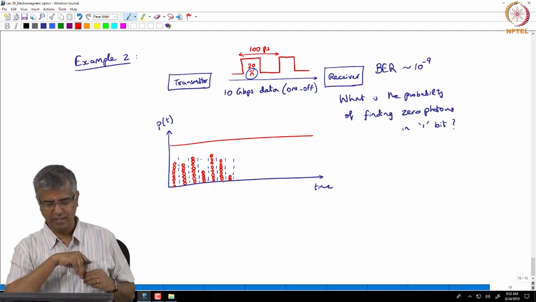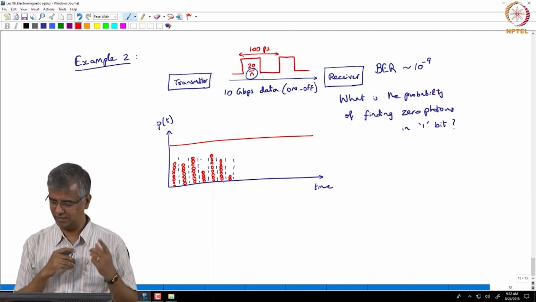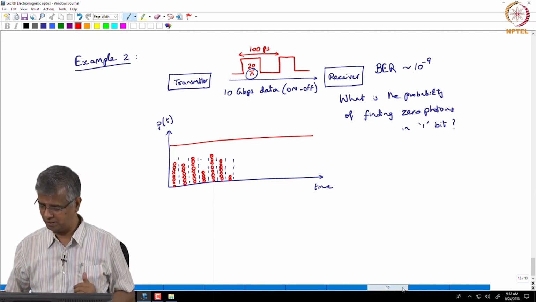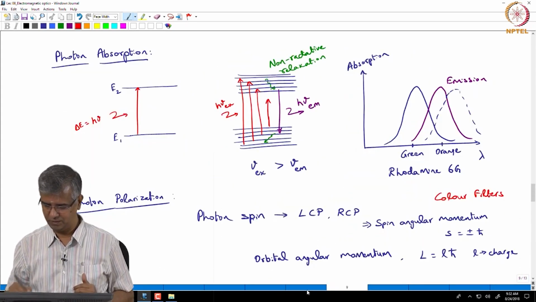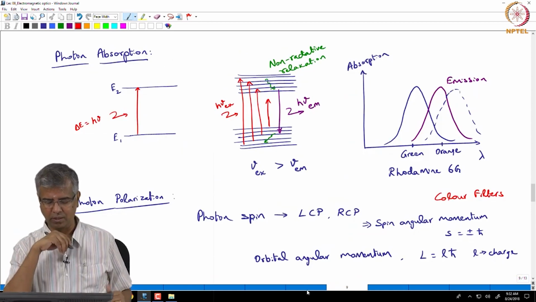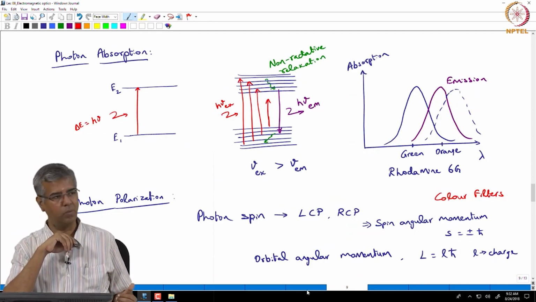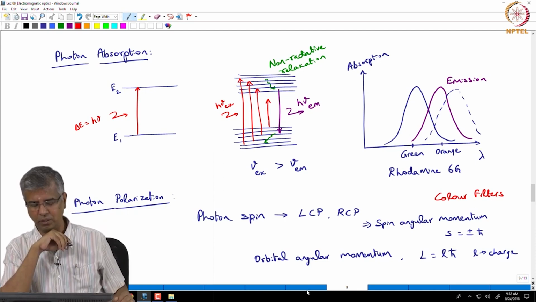Why is this the case? I will just give you a clue at this point. We do not have a lot of data points to say why, but I will give you a clue here.